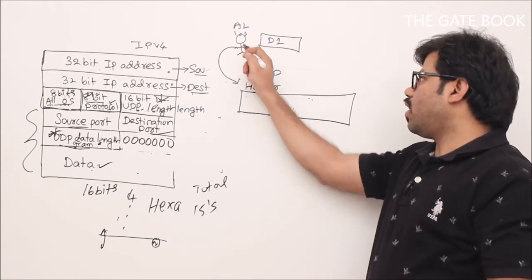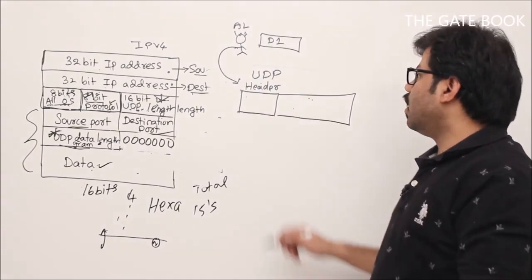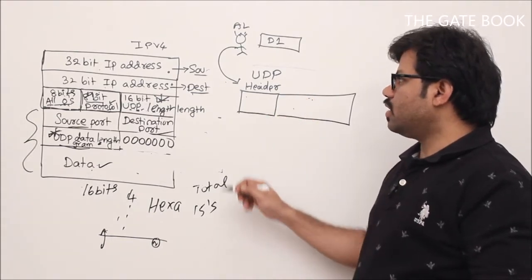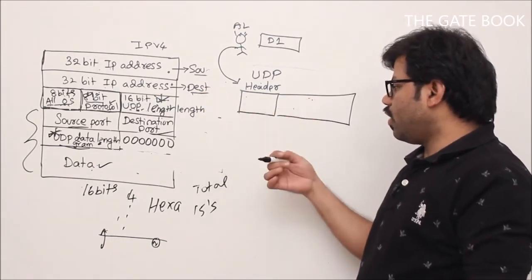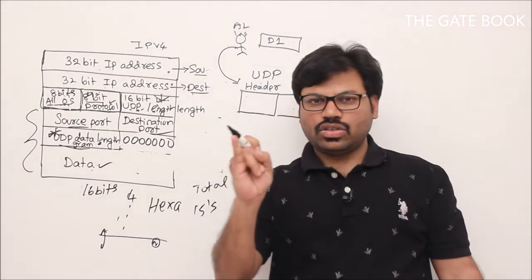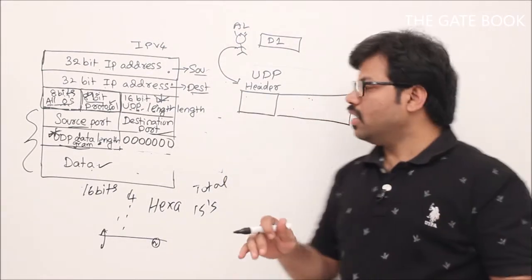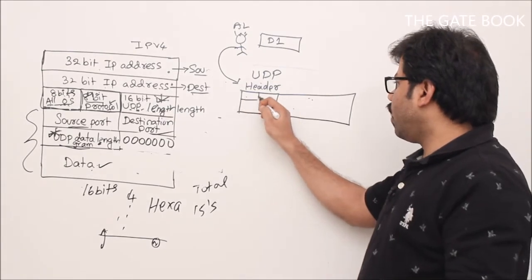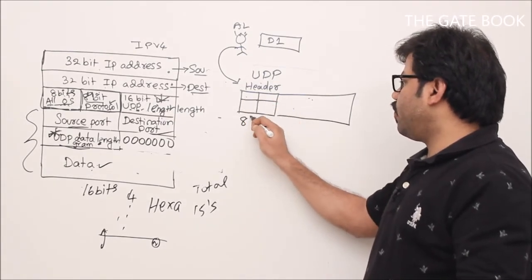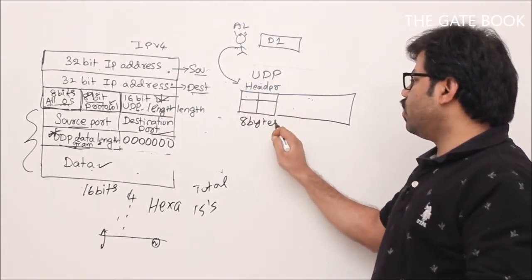Then I am assuming that your application layer calls UDP. Now it will give all the information. Recall the UDP header: source port address, destination port address, IP addresses, everything will be submitted. Now here we are going to have those 4 fields, 8 bytes. Recall everyone, what is the UDP header?